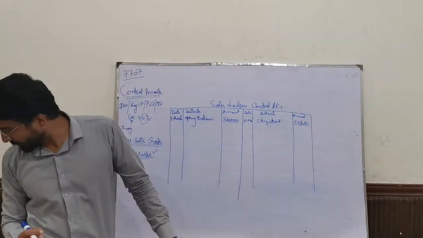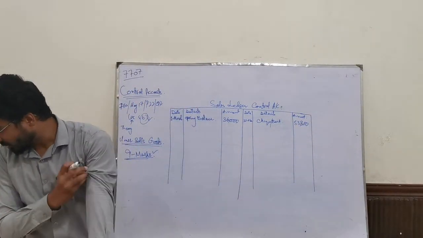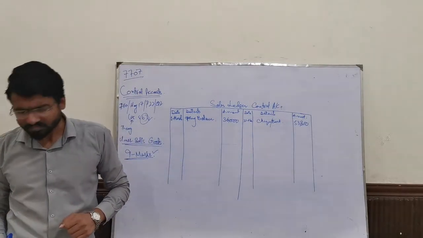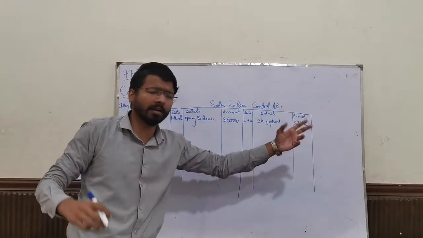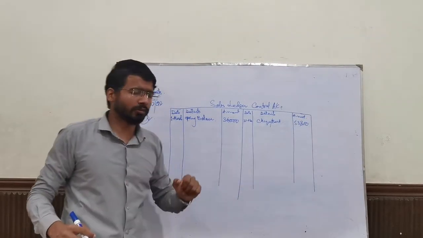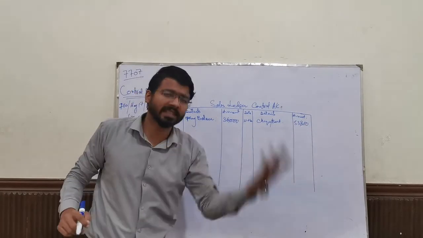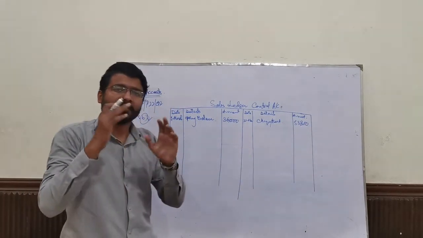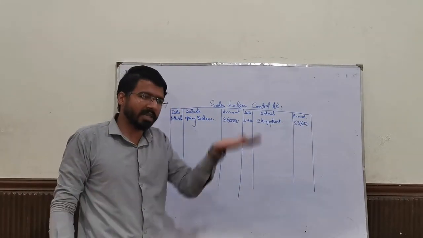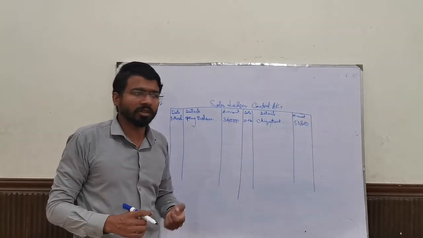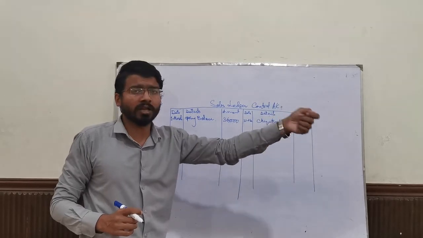After this, the next transaction is dishonoured cheque included in cheques received. This figure includes the cheques which were later on dishonoured. Now when a cheque is dishonoured, my receivable increases. Somebody gave me a cheque of 10,000, and I do not have to take money from him.